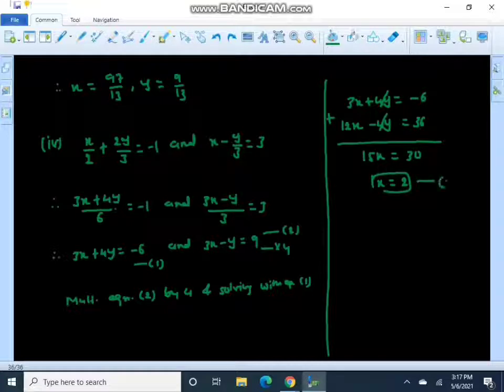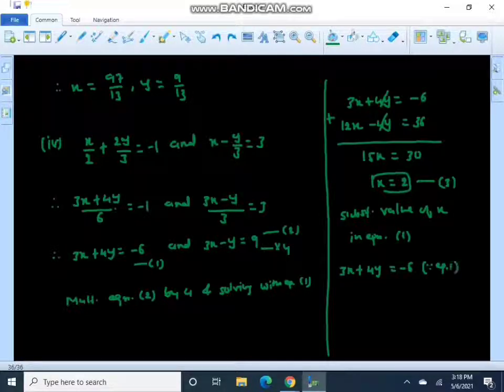Okay, now we can substitute value of x. Substituting value of x in equation 1. What is equation 1? That is 3x plus 4y is equal to minus 6. This is equation 1.